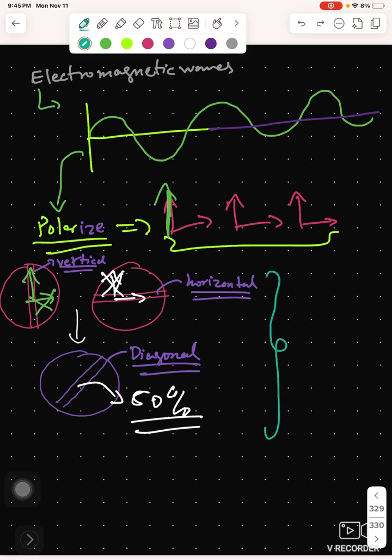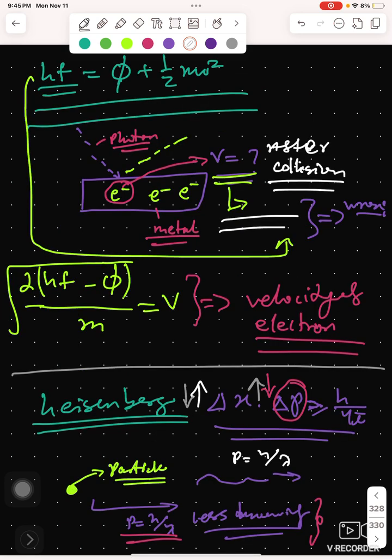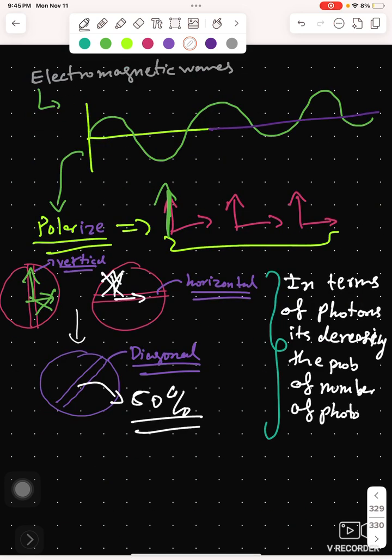What I think in terms of photons is that it's decreasing the probability of the number of photons going through.